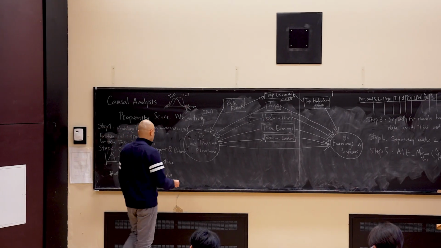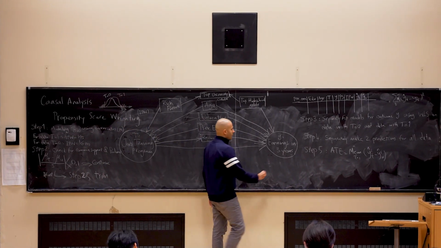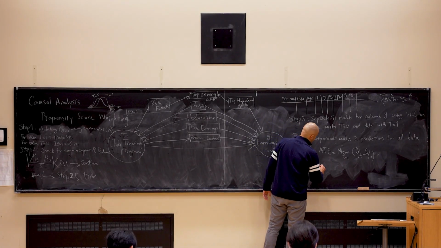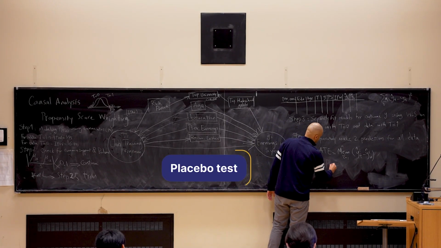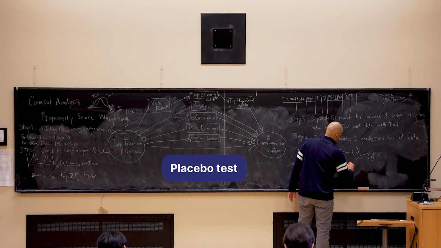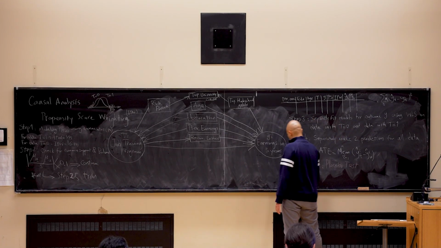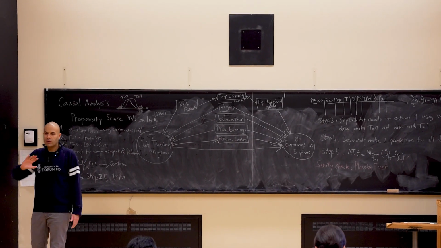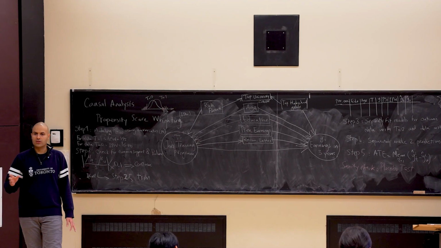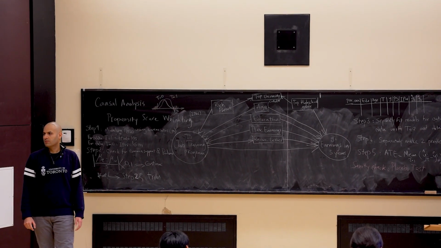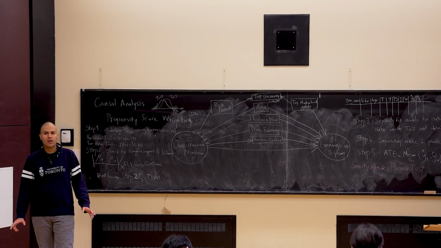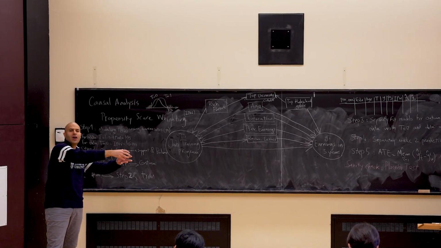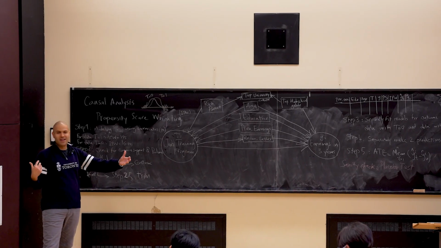We also have a sanity check here. The sanity check is called a placebo test. What is a placebo test? So we do all of these for something for which we know there is no causal effect. So we know there is no causal effect between a treatment in the future and some outcome in the past, right?